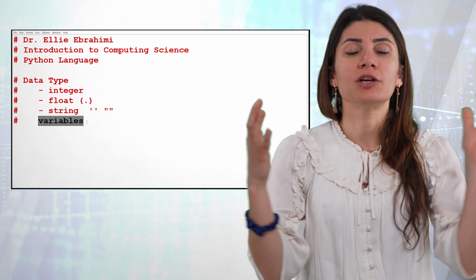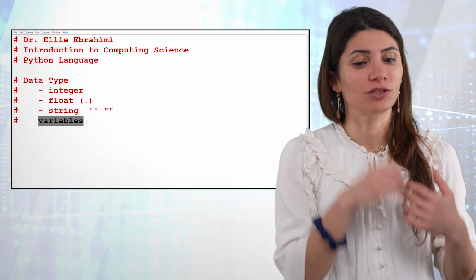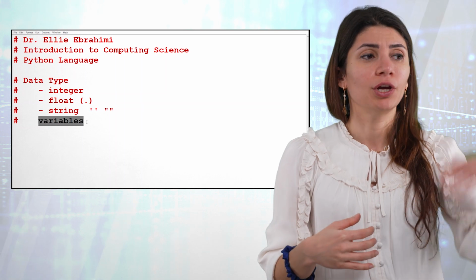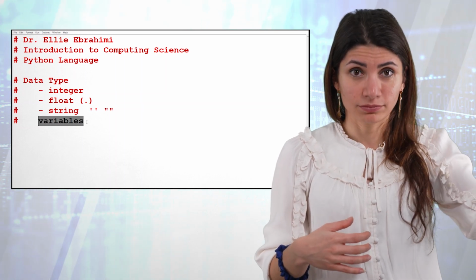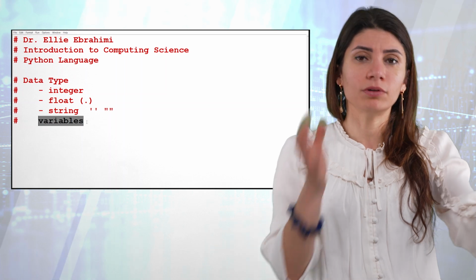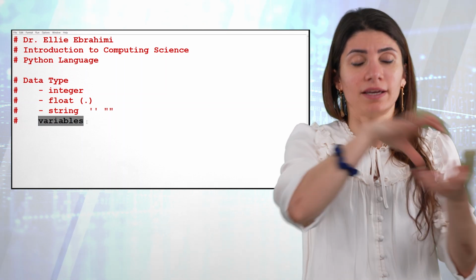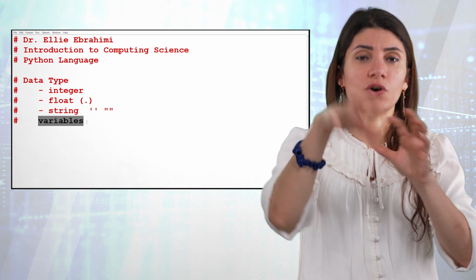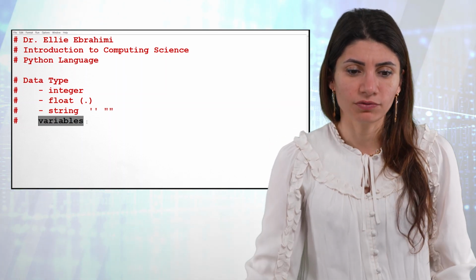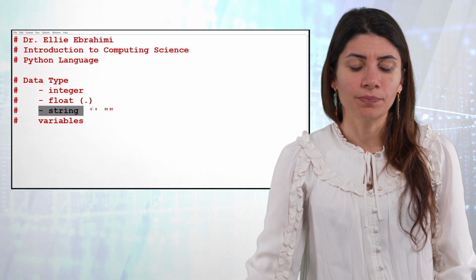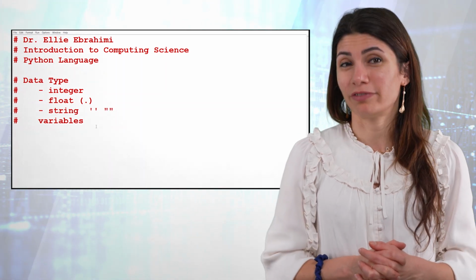You just put it somewhere to be able to use it whenever you need it. Instead of using actual values, you use the name that you assign to a variable. So you create that variable, and it has an identifier that is assigned to a value for you. Okay, so we are going to keep this video very short, and in the next video we are going to talk about some of the predefined functions.